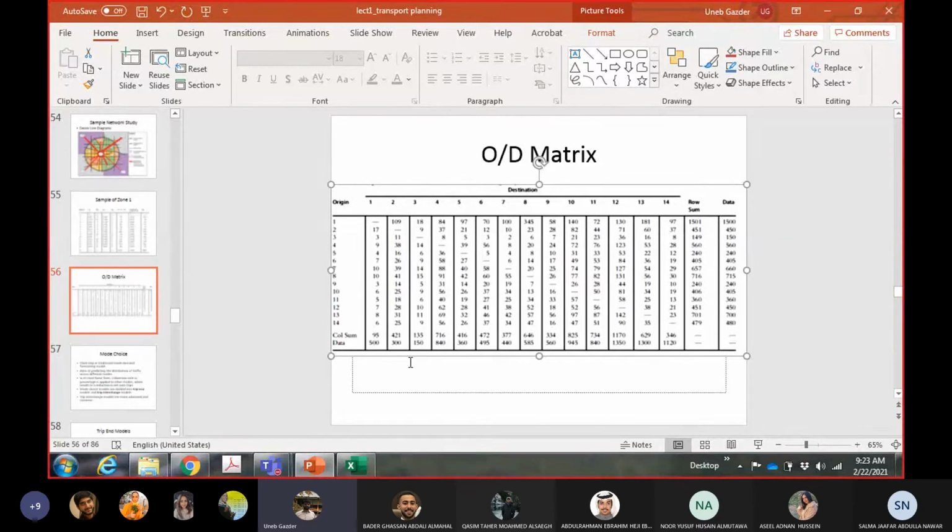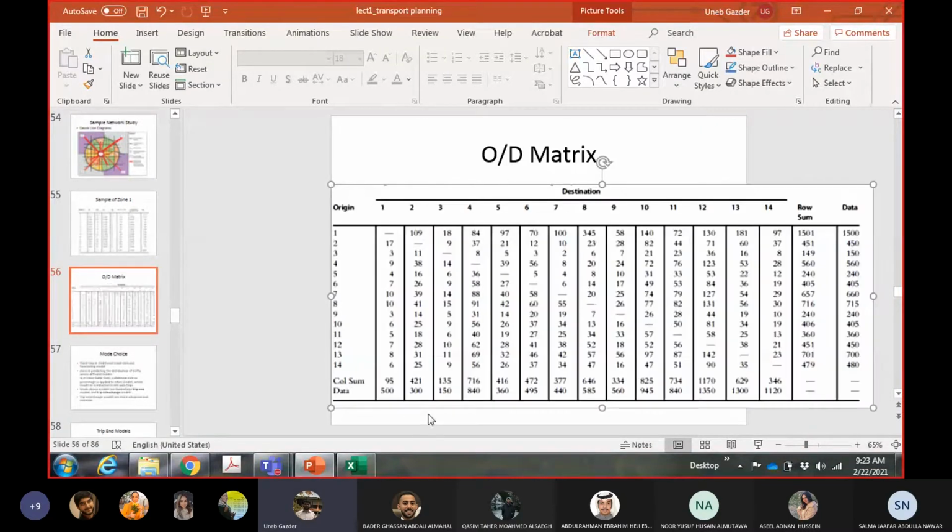So first of all, give me the factor for each column from these values. 500 upon 95 is 5.3. Okay. Second one, 0.7.